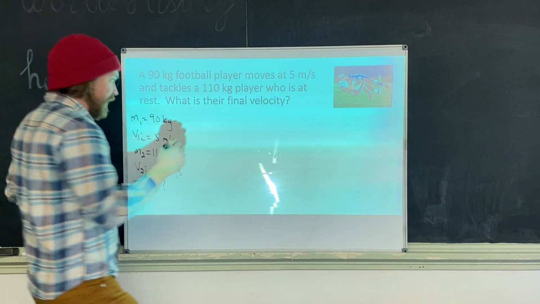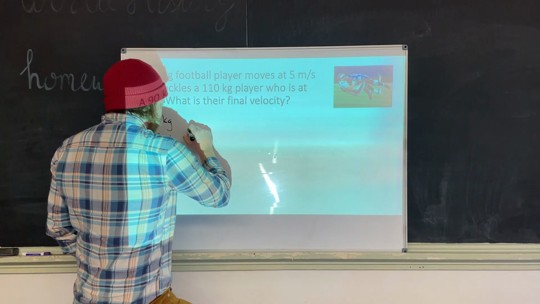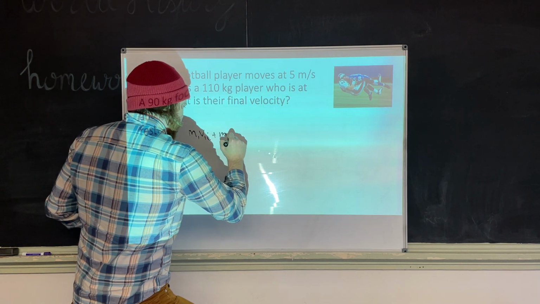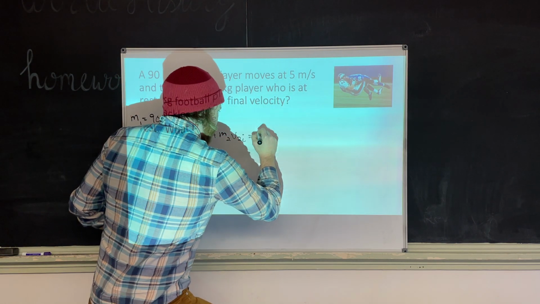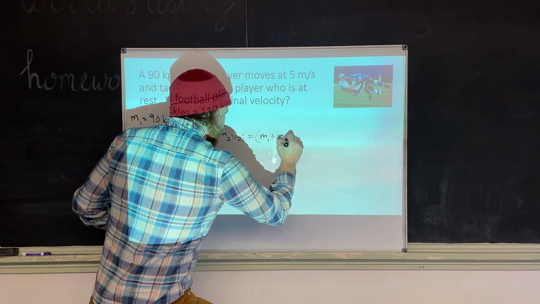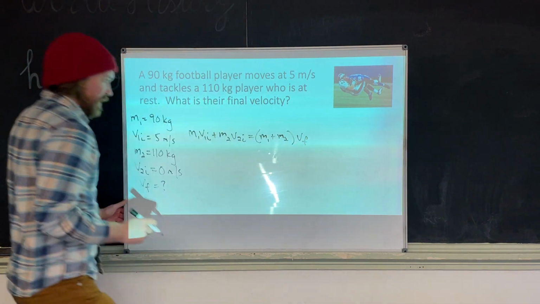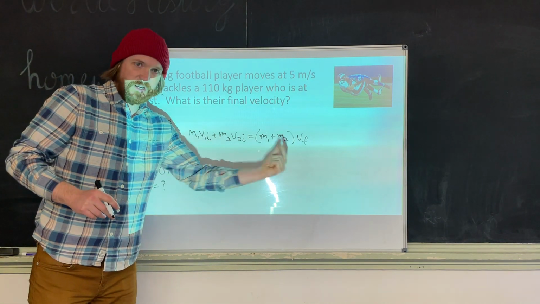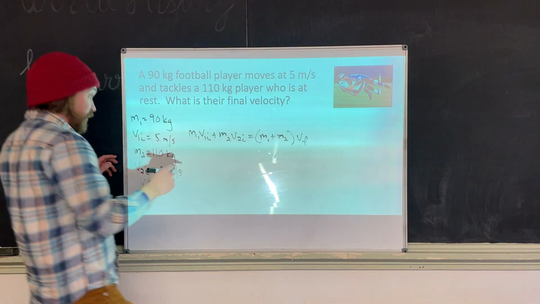Step 2, write down your equation. We have M1 V1I plus M2 V2I equals M1 plus M2 times the final velocity. They're separate before and stuck together after. So plug your numbers in.